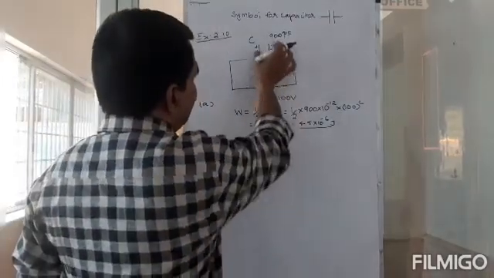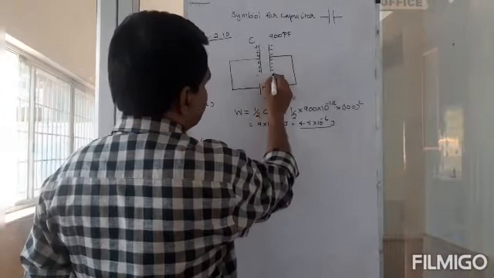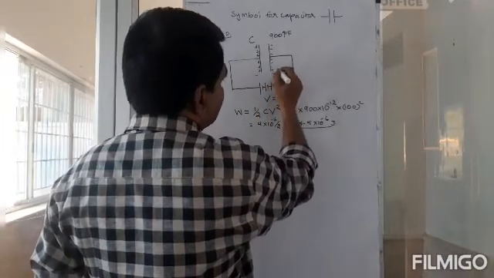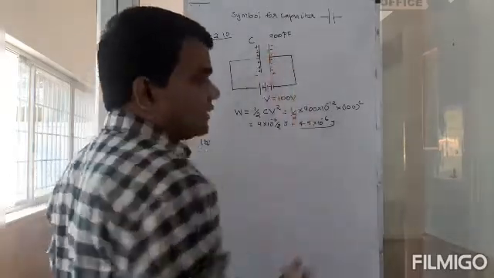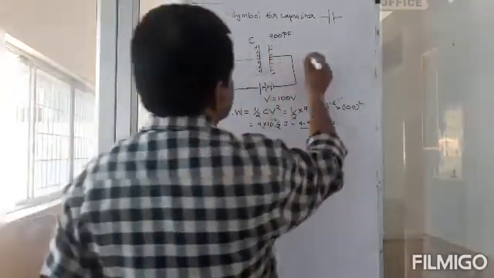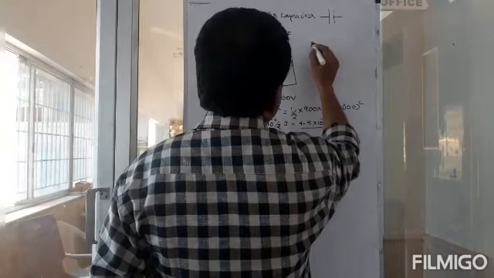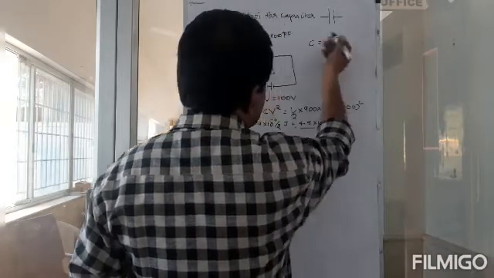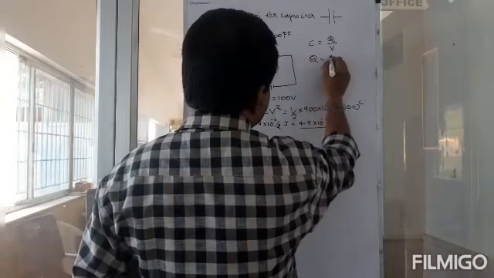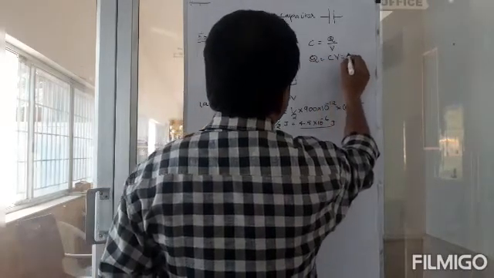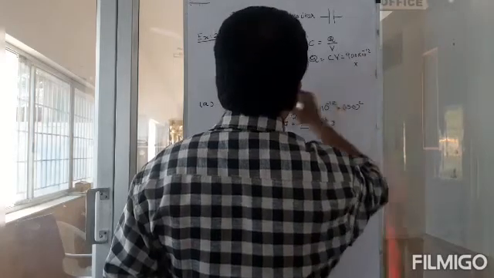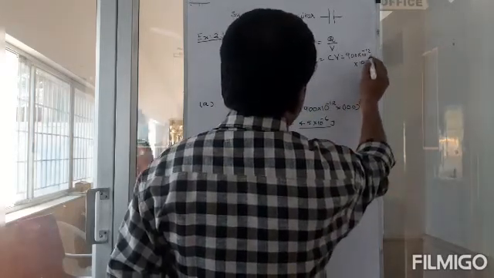Okay, so what is the voltage across this capacitor? The voltage across this capacitor will be 100 volts. So you can also calculate the charge, right? So it's very easy. So C is equal to Q by V. So you can calculate the charge, and this Q is equal to C into V. So 900 into 10 power minus 12 into 100. Okay.